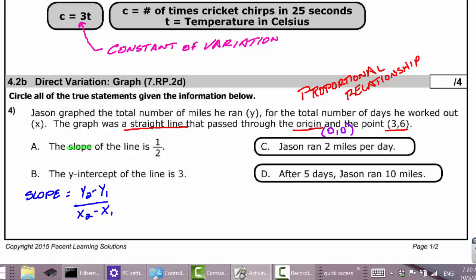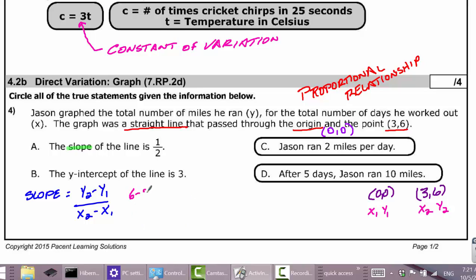So let's break down the x2 and the x1 and the y2 and the y1. Let's take our 2 points. I'm going to move them right down here, the point 0, 0, the point 3, 6. And we've talked before about the fact that it doesn't matter which one you name which. One of them is going to be the 1s, and one of them is going to be the 2s. For me, I always make the bigger numbers the 2s, because I know that the next thing I'm going to do is some subtraction.